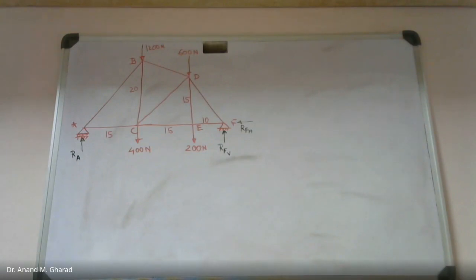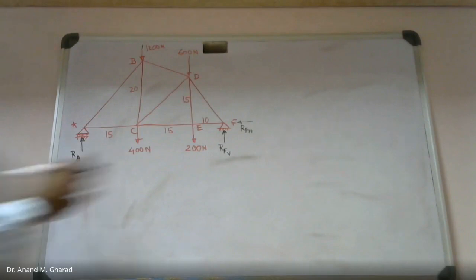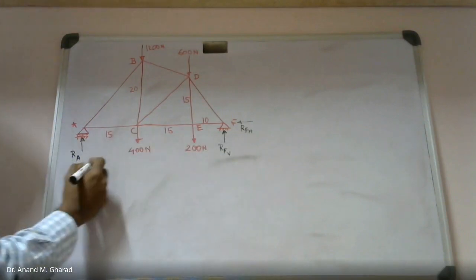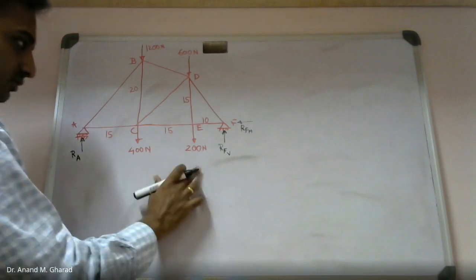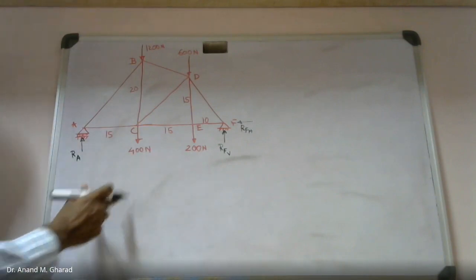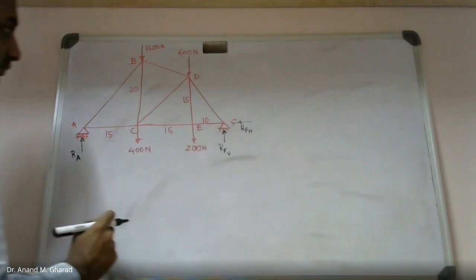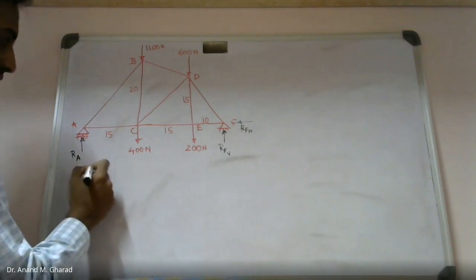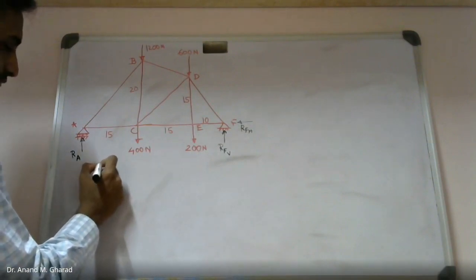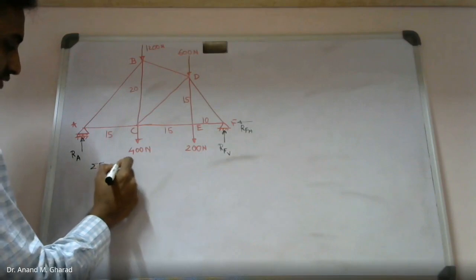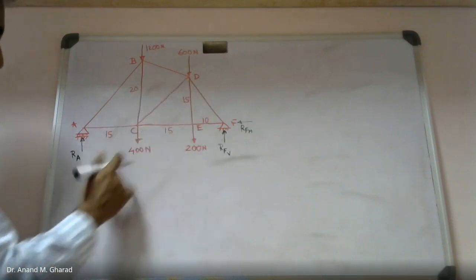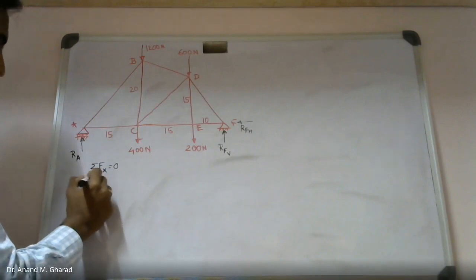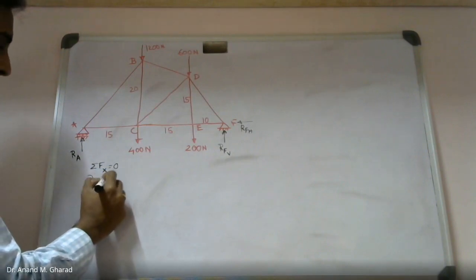Okay. Then, in such case, where the available equations of equilibrium are 3 and unknowns are 3, we can make use of those equations in order to calculate these unknown reaction forces. So find out summation of forces in x direction equal to 0. I don't think any kind of horizontal force is acting on this truss. So therefore, RFH will be equal to 0.